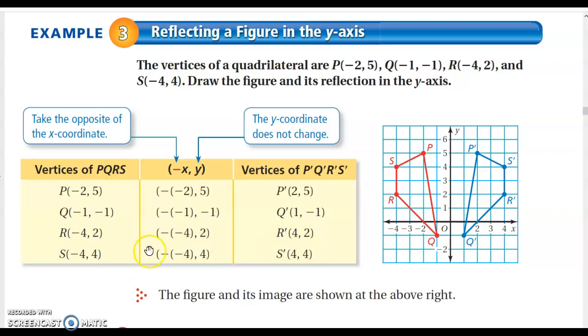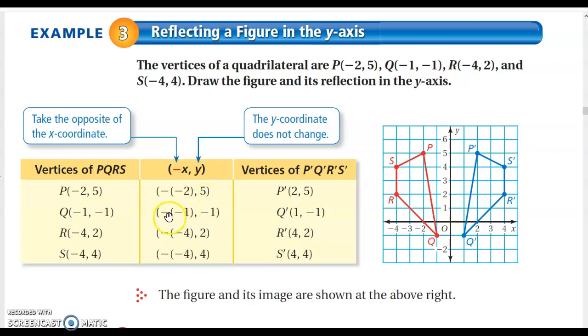So what they've done here in this chart is they have simply affected, again, when you're reflecting across the y-axis, the x-coordinate. So what they've done is they've multiplied, or taken the opposite of, -2, multiplying that by a -1, because remember, based on the distributive property, we know that there is an imaginary 1 here. So think -1 times -2 is going to give me 2. Okay, so you're not changing anything about the y-coordinate.